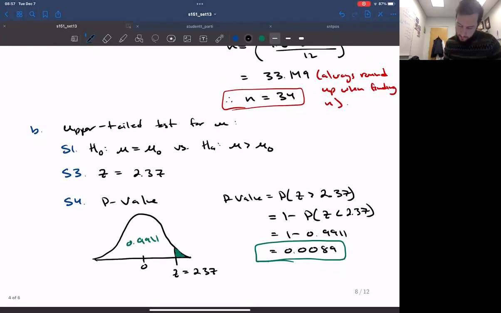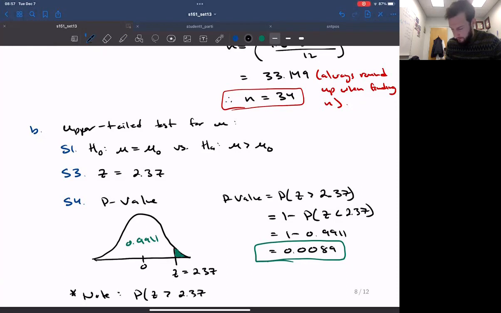Right, so technically the probability that Z is greater than 2.37 is equivalent to the probability that Z is less than negative 2.37. So if you were to look up negative 2.37 and take that value, you would get the right answer.